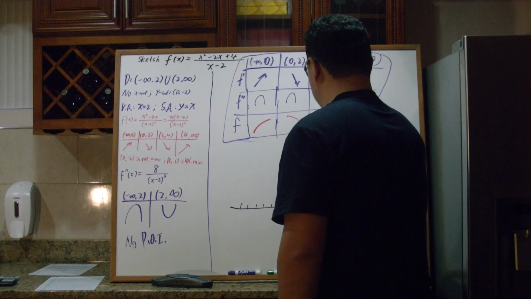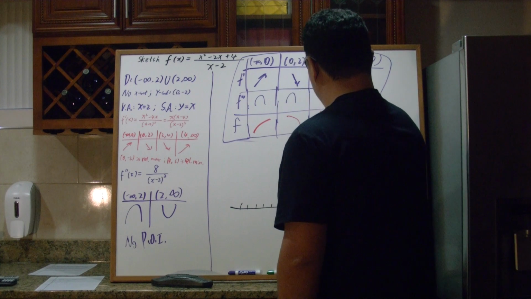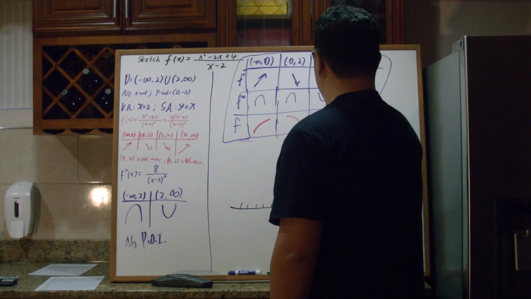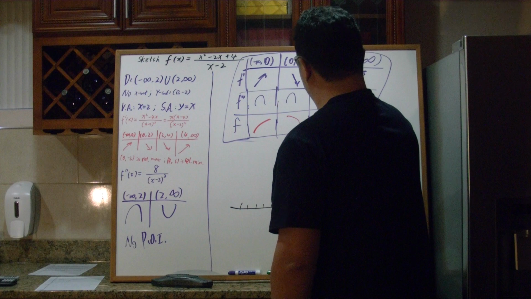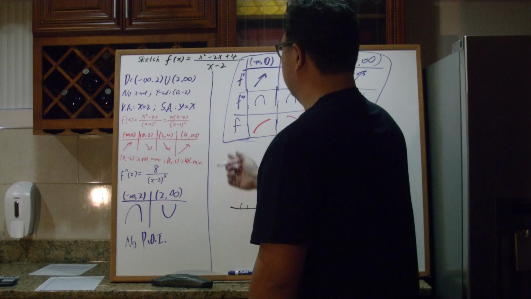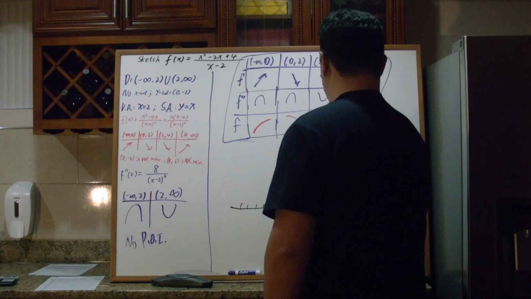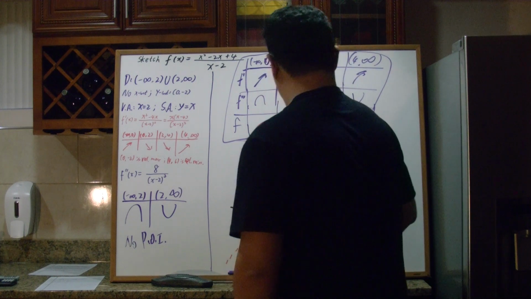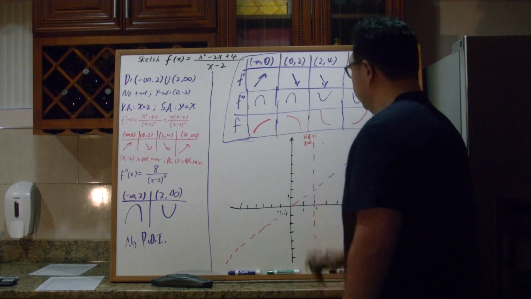We have the vertical asymptote at x equals 2, and the slant asymptote at y equals x, and the line.